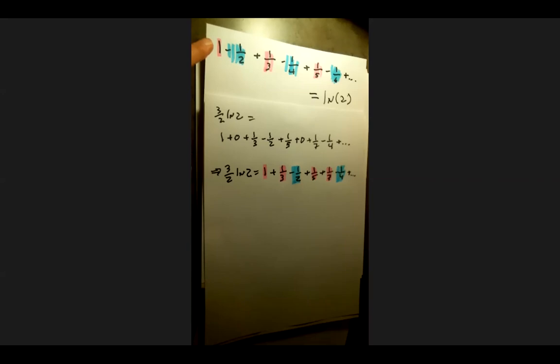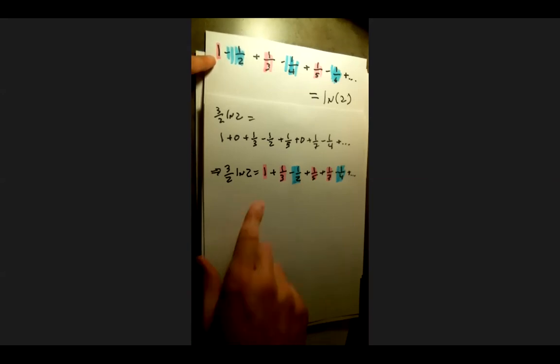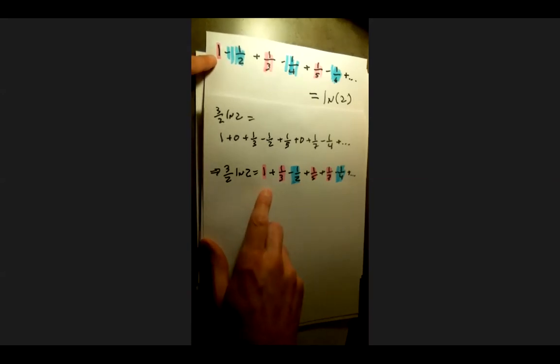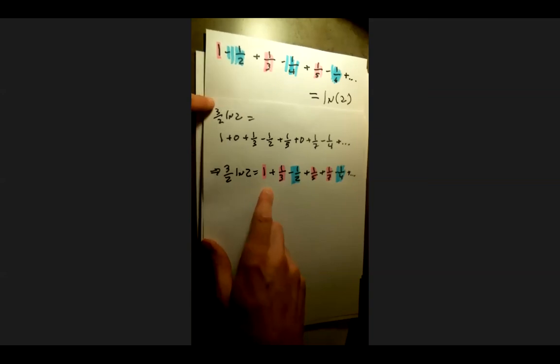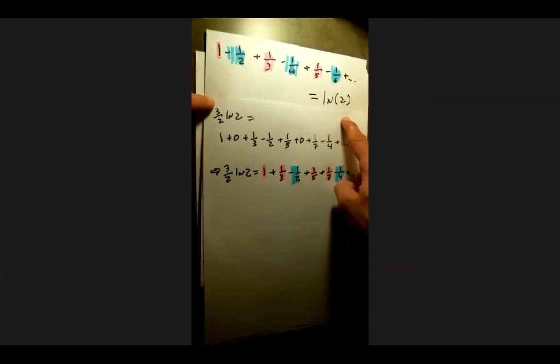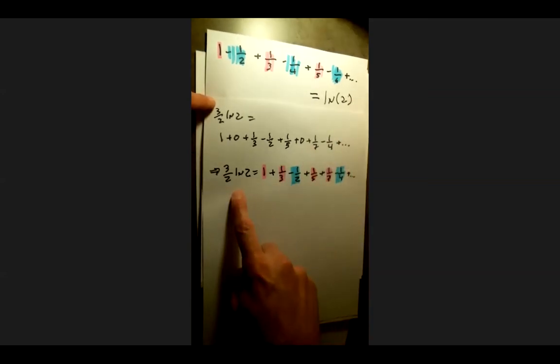this work that the series at the top and the series at the bottom are the exact same series. They're just in different orders. I've just rearranged the terms. And yet the one at the top is equal to ln of 2, and the one at the bottom is equal to 3/2 ln 2.